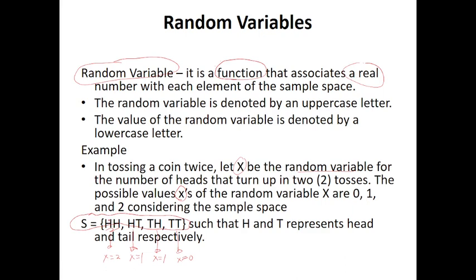So in the first outcome, head and head, we associate a real number, equal to 2, because the random variable is concerned with the number of heads that turn up in two tosses of a coin.